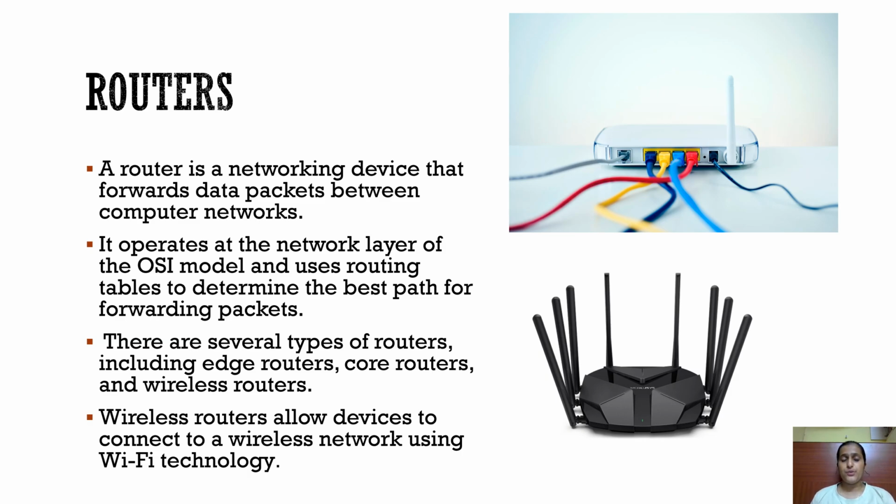Edge routers are used to connect local area networks to wide area networks. Core routers are used within service provider networks to route traffic between different service provider networks. Wireless routers allow devices to connect to a wireless network using Wi-Fi technology.